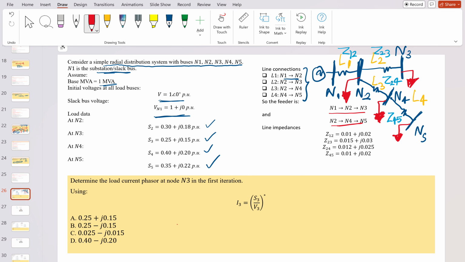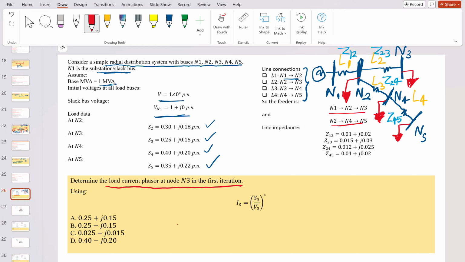Now what you have to find out is the load current phasor at N3 at the first iteration. Try to solve this. It is easy to solve, I just wanted to see what structure you are going to follow. I have already given the instruction how to solve that.